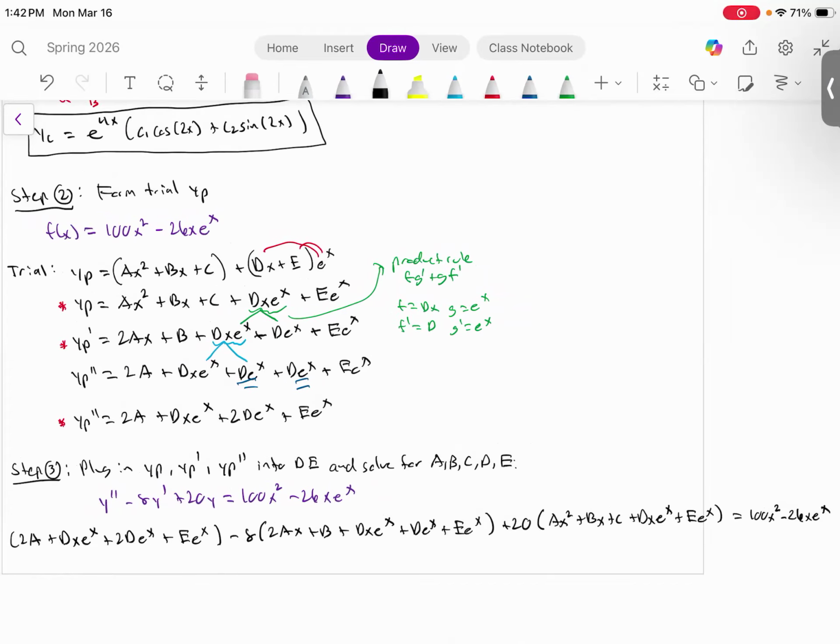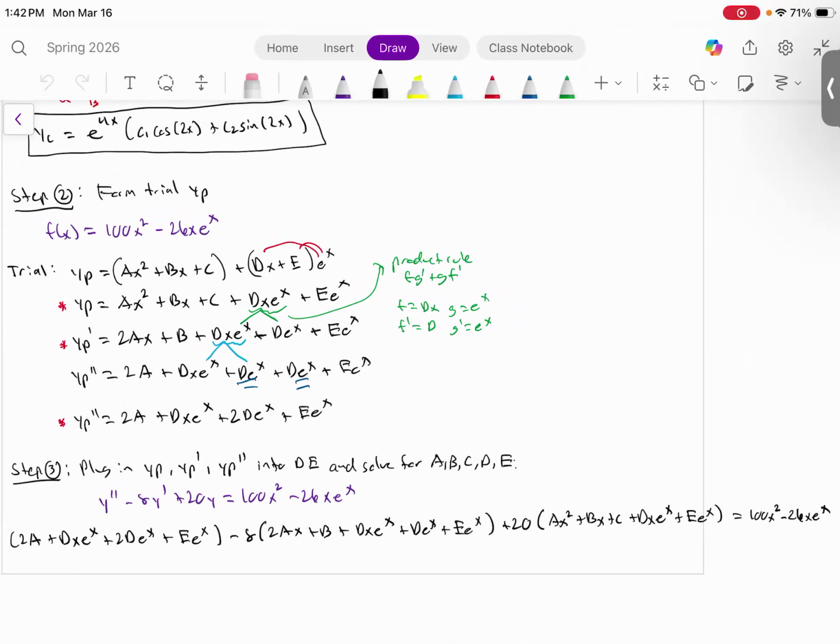So what we need to do now is sort of clean this up. We need to distribute in the -8 and 20, and we want to drop some parentheses and then start to see what cancels out or what combines together. So let's go ahead and get started on that.